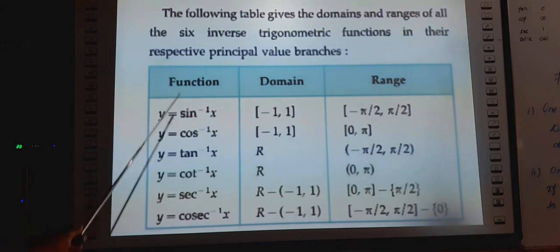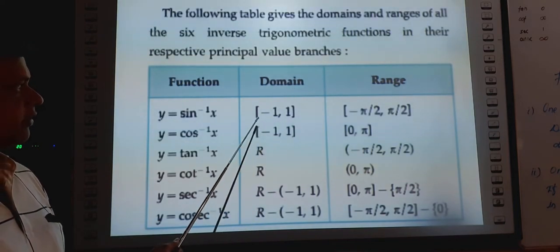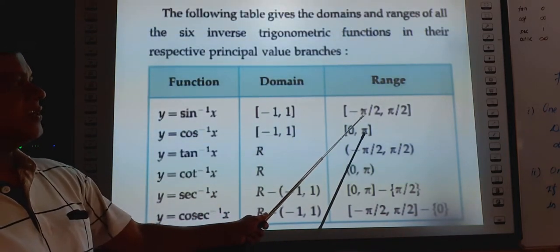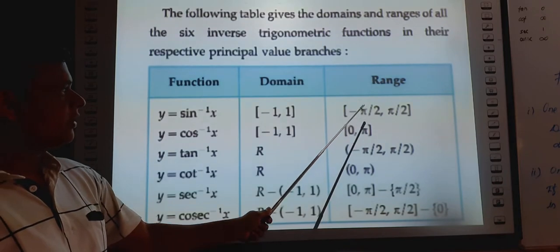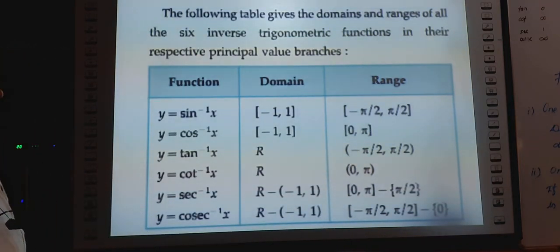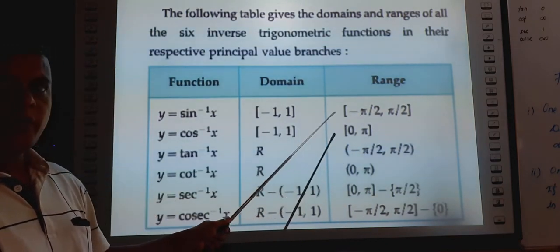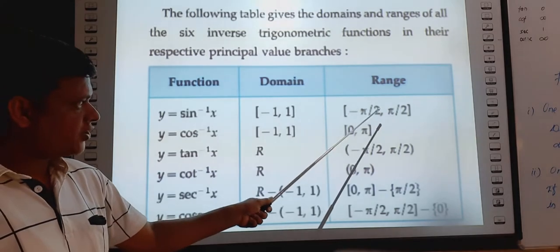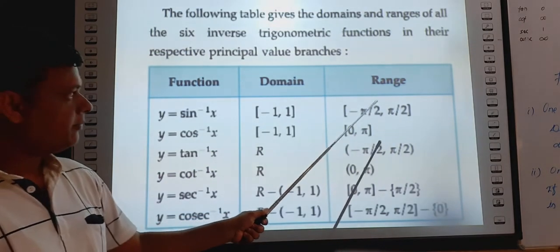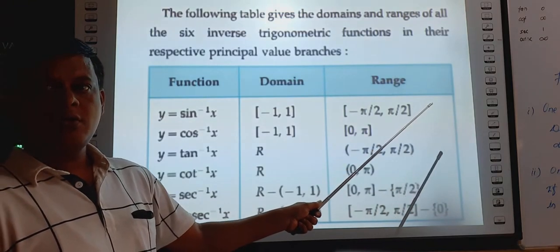So the first function, y equals sin inverse x: its domain must be the closed interval [-1, 1] and its range must be the closed interval [-pi/2, pi/2]. So when we are finding the value of the unknown angle theta, it must belong to the closed interval [-pi/2, pi/2].